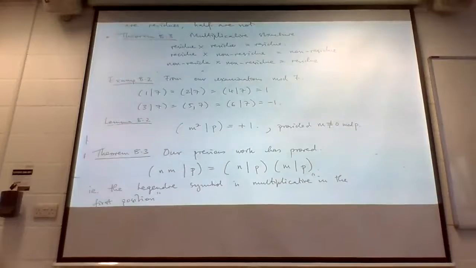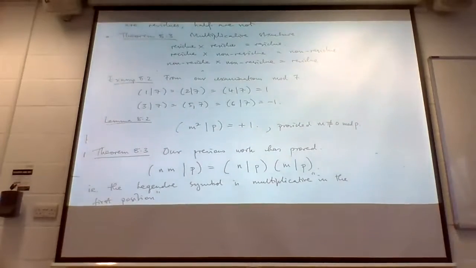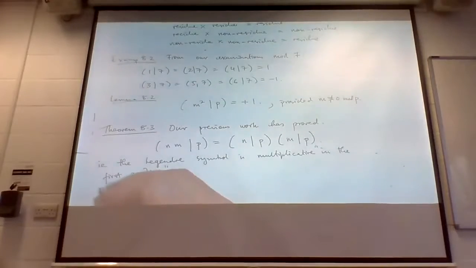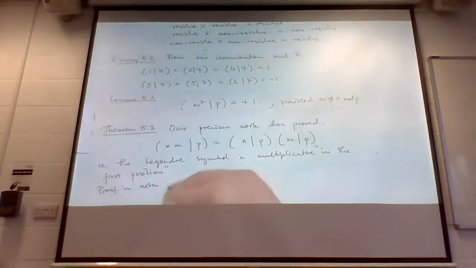Okay. There's a differently worded proof given in the notes, but it more or less comes down to the argument that we presented last time. The proof in the notes is slightly different.